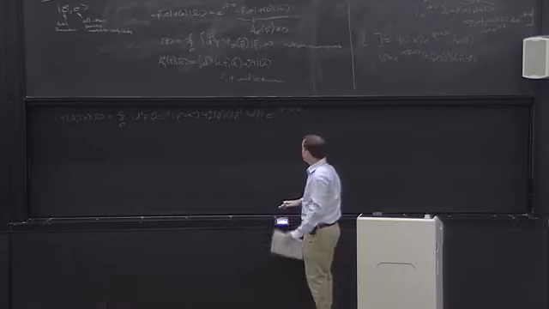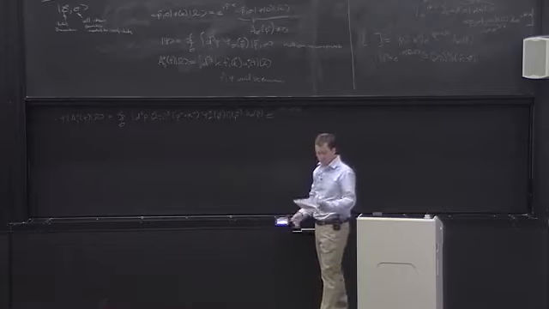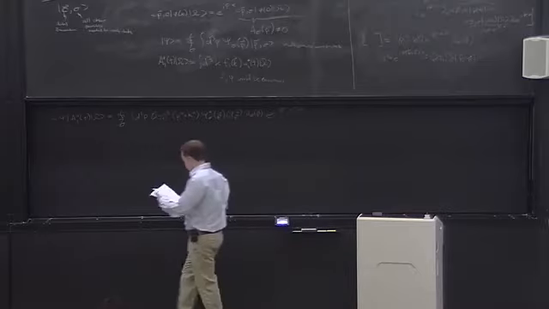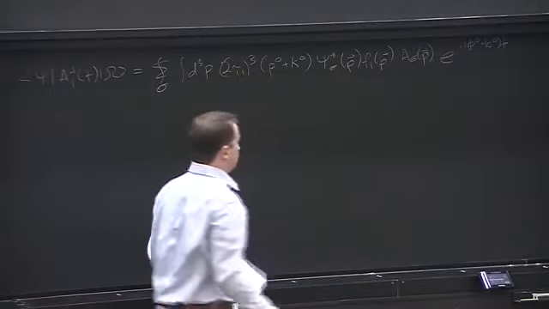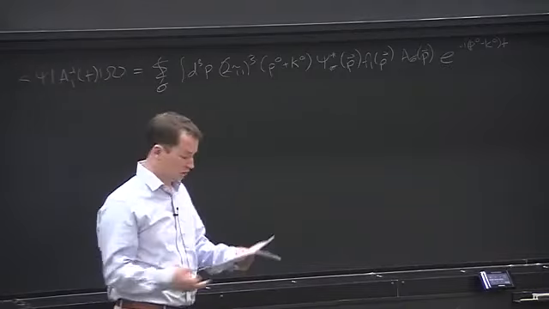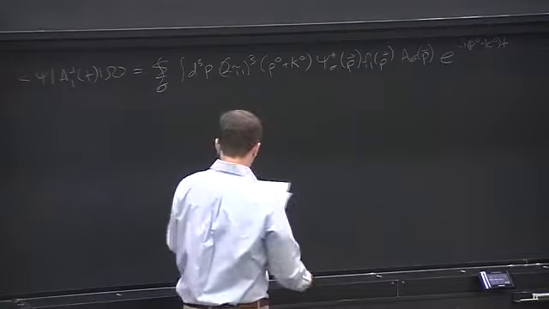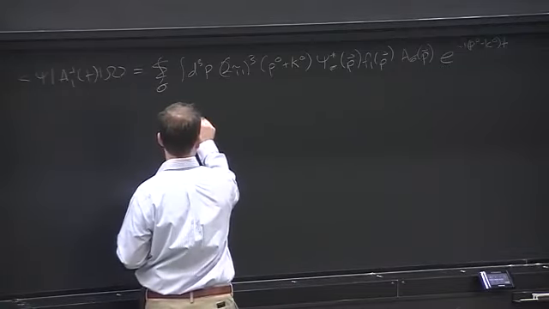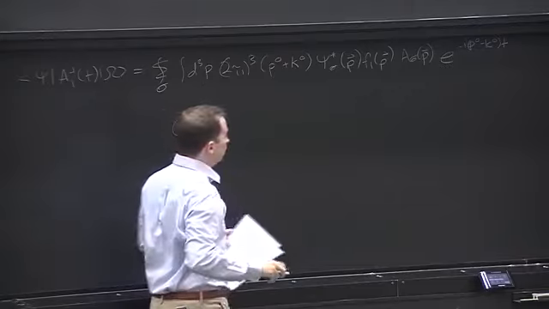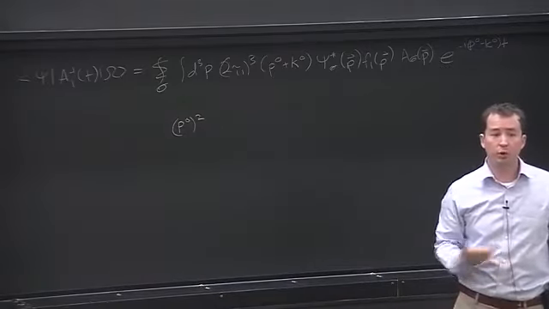Okay, so big mass and an exponential. It's the only part we care about. The reason the exponential is the interesting part is let's think about what P naught and K naught are. So P naught squared is just the energy of the multi-particle state.